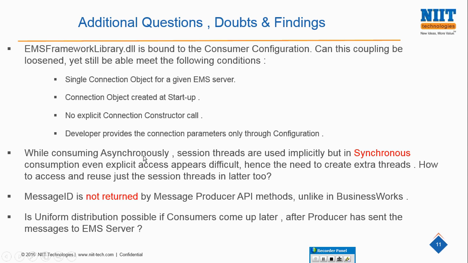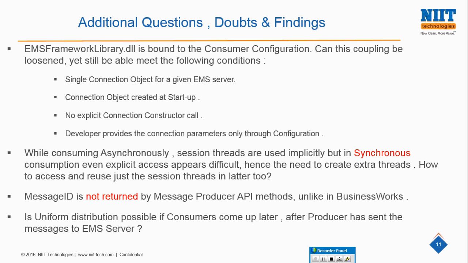So another point is that in synchronous consumption, I had to create explicit threads, unlike in asynchronous consumption, where the threads are used implicitly by virtue of you implementing or overriding the onMessage function.